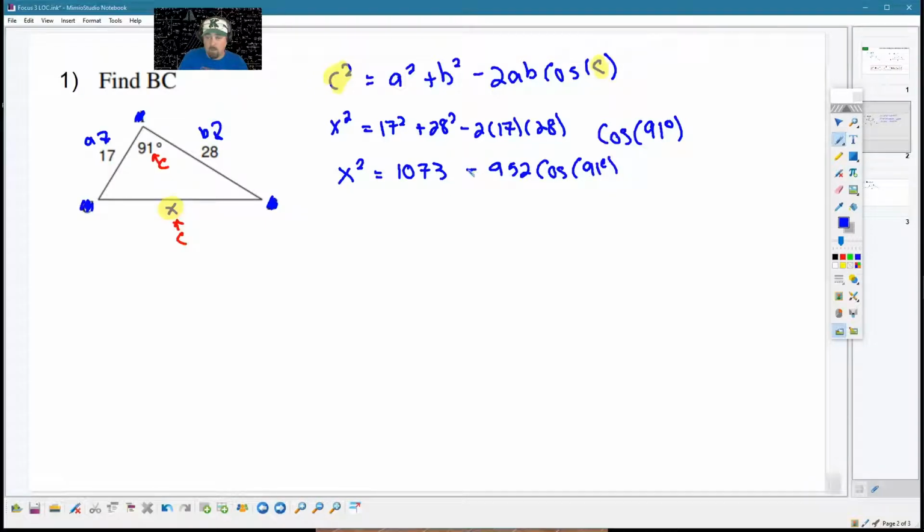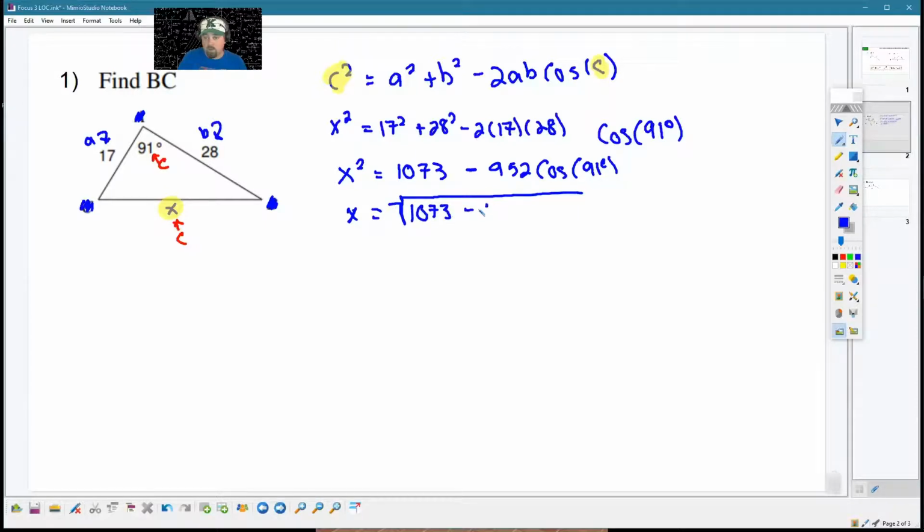Now, I think the most common error here is people want to subtract that number. You can't subtract that number. You've got to make sure you do this multiplication with cosine first, okay? Really what we're going to have to do is take the square root of that thing, okay? So x equals the square root of whatever this answer is.